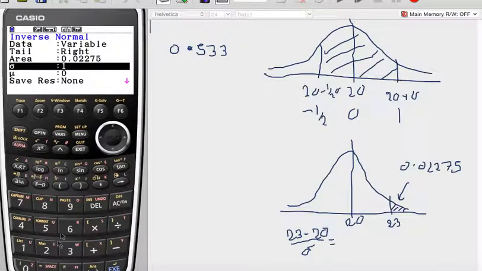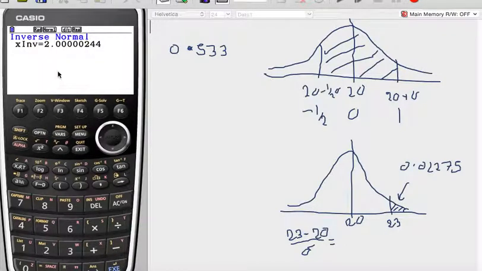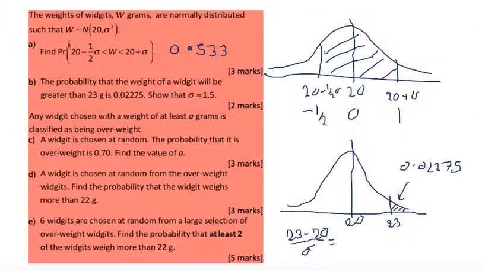My mean and my standard deviation, I'm going to leave like that. I'm going to use the standardized versions again. And it gives me the inverse area as 2. So I now know that my Z value is 2.